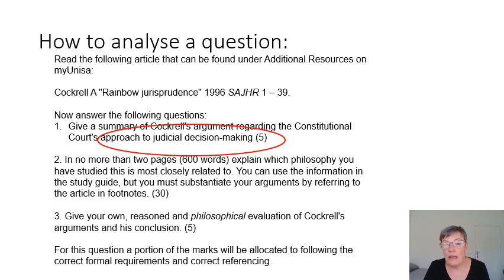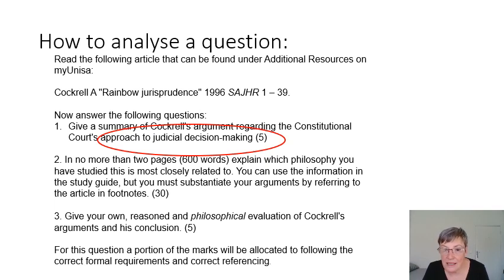Okay, so the whole point then of question 2 is you must figure out which philosophy Cockrell is actually advocating. And it might be that what he's advocating for is not what you think he's advocating for, because he does talk about substantive reasoning and formal reasoning, and be very, very careful.